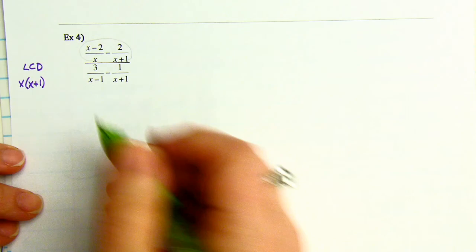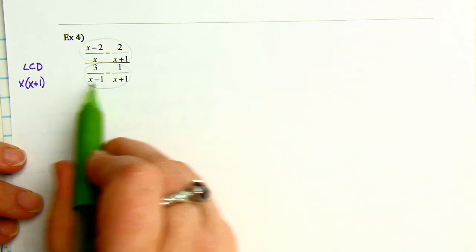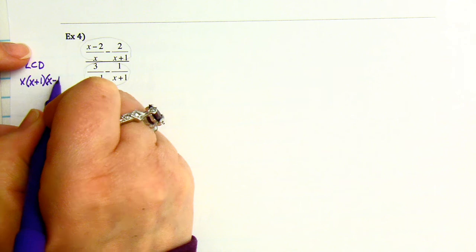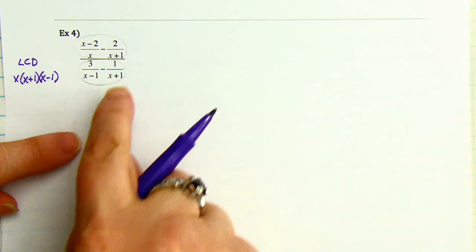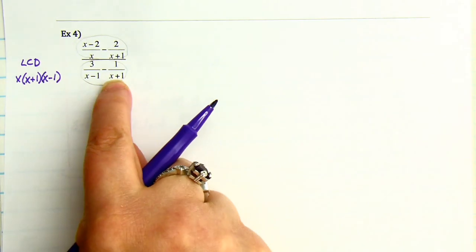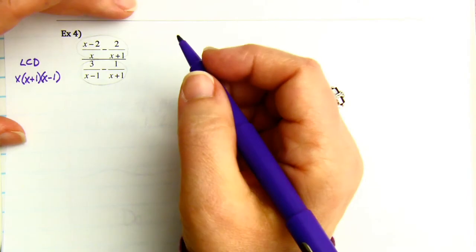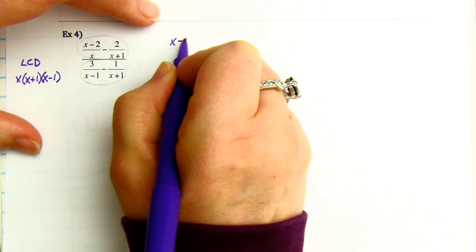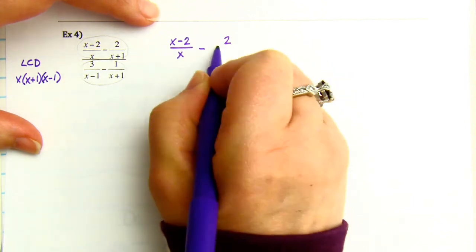If I'm looking at this, x minus 1 is not in there. I need it in there. The x plus 1 is already in there. If this was x plus 1 squared, then we would need it in there again, but it's not, so we don't. So now I'm going to copy the problem. x minus 2 over x, subtract 2 over x plus 1.